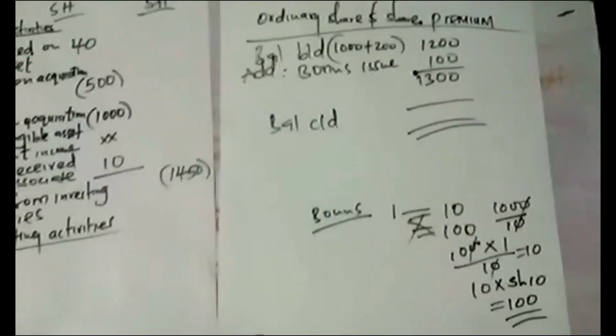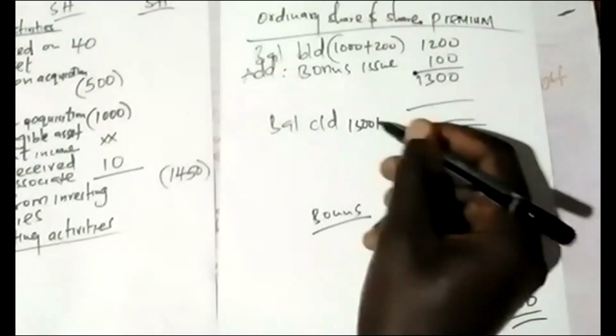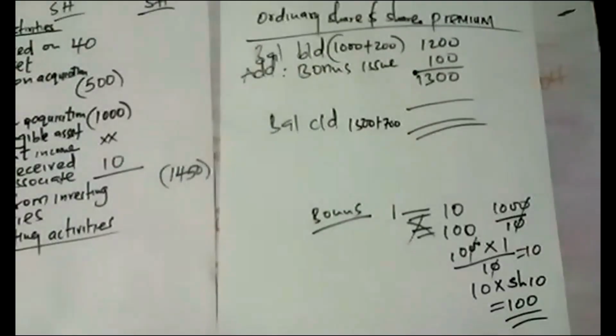My balance carried down was 1,500 plus 700, so that is 22.